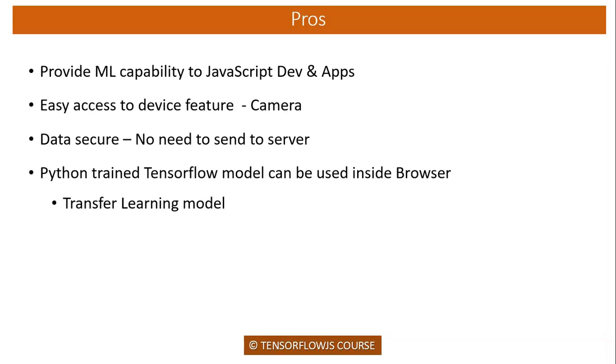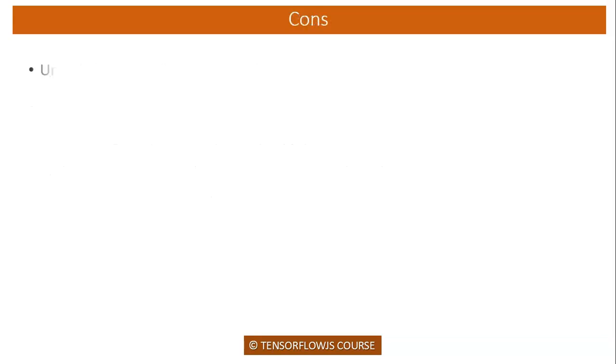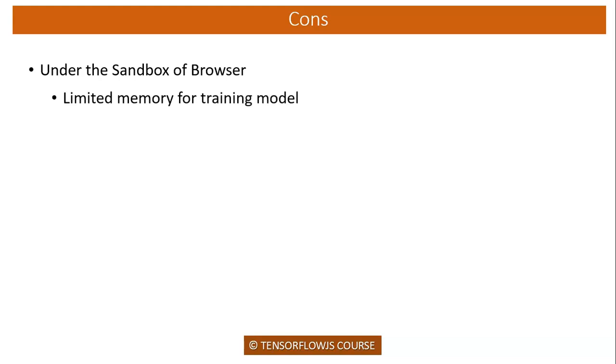Let's see some of the disadvantages associated with running these computations inside the browser. As we are running under the sandbox of the browser, it has limited memory for training the model. If you see a very high performance model having millions of weight parameters, a deep learning model, you just cannot train it inside the browser.